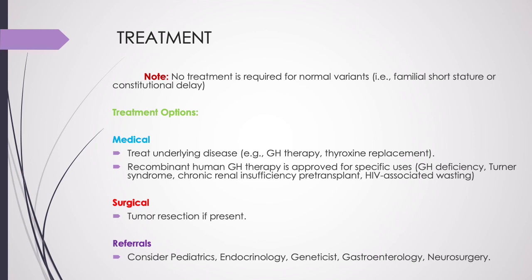Recombinant human growth hormone therapy is approved for specific cases such as growth hormone deficiency, Turner, chronic renal insufficiency, and HIV-associated wasting. In the surgical treatment, if there is cancer, then tumor resection is indicated.